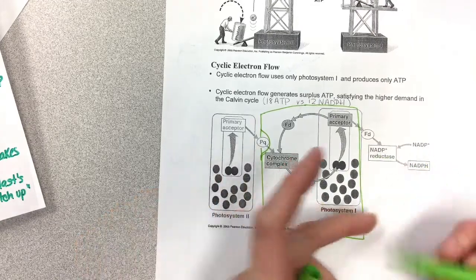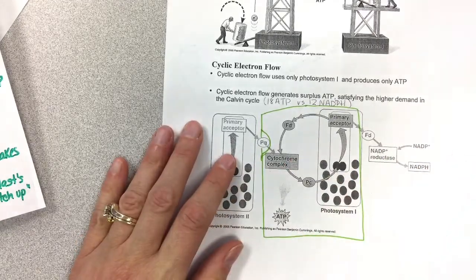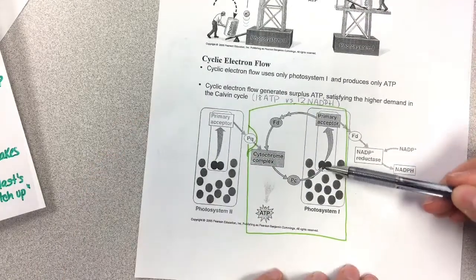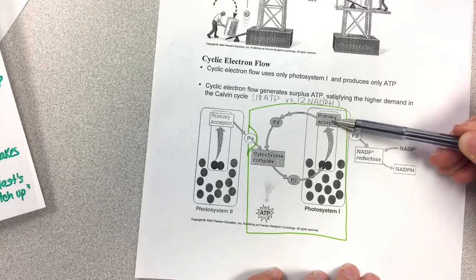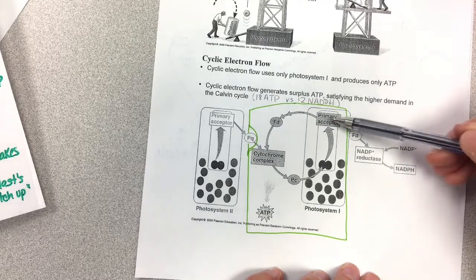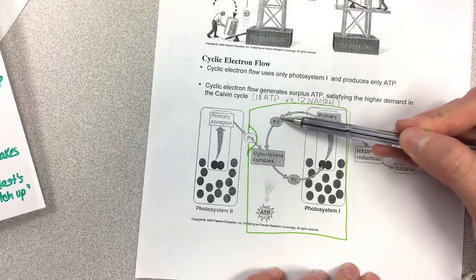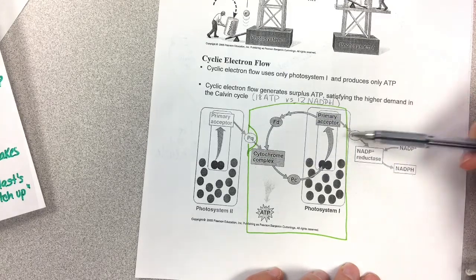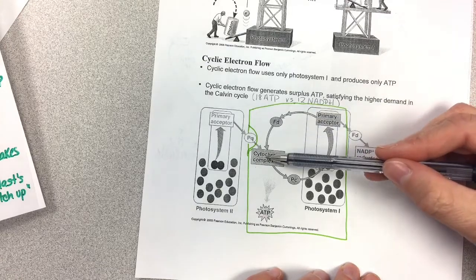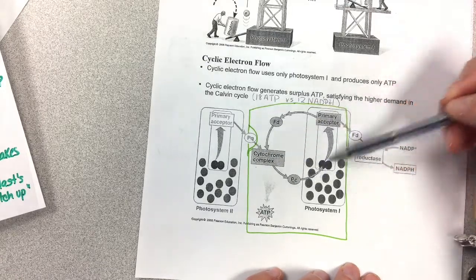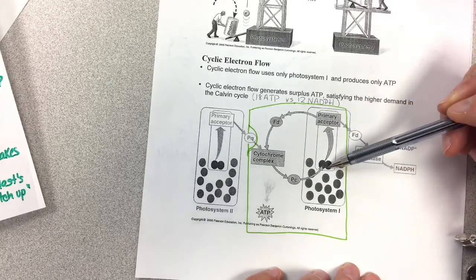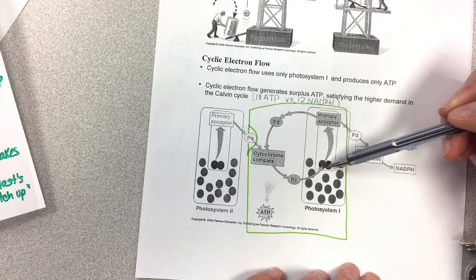These parts don't happen. So what happens here is when these electrons in photosystem 1 get excited and go to the primary electron acceptor, instead of going to ferredoxin and eventually to NADPH, they're dropped back into the electron transport chain. So ferredoxin, instead of transferring it to NADPH, transfers it back into the electron transport chain, and so then they go through the electron transport chain, end up replacing this chlorophyll A electrons.